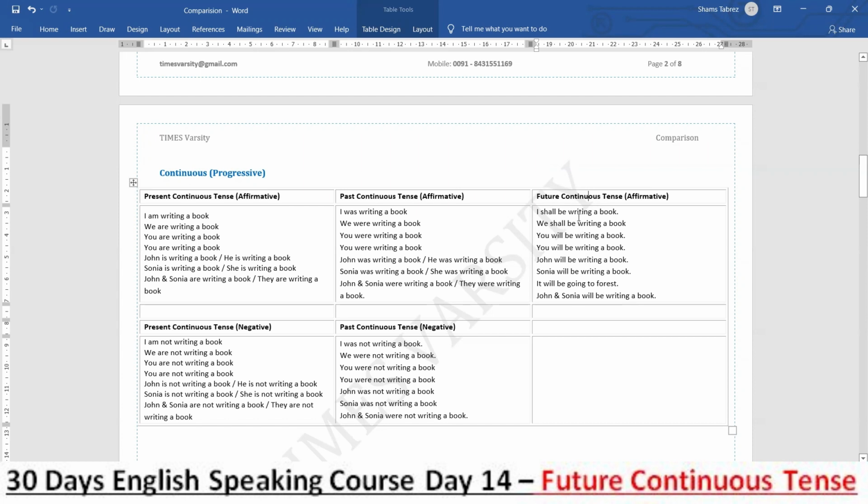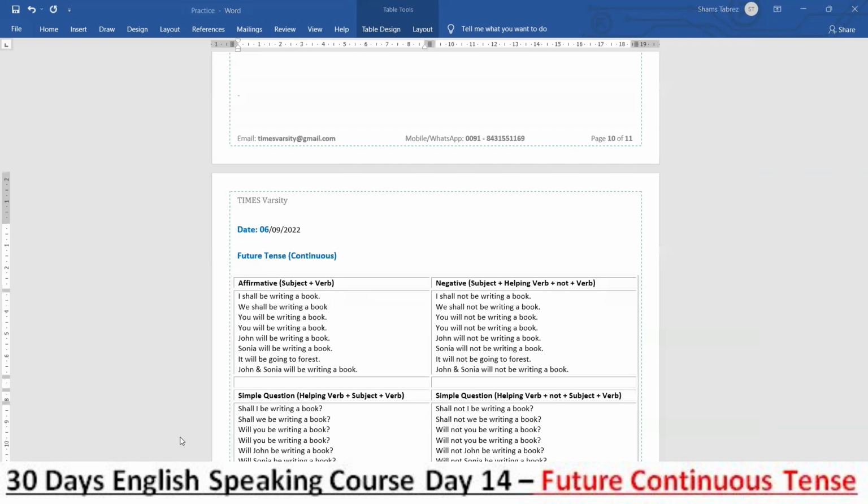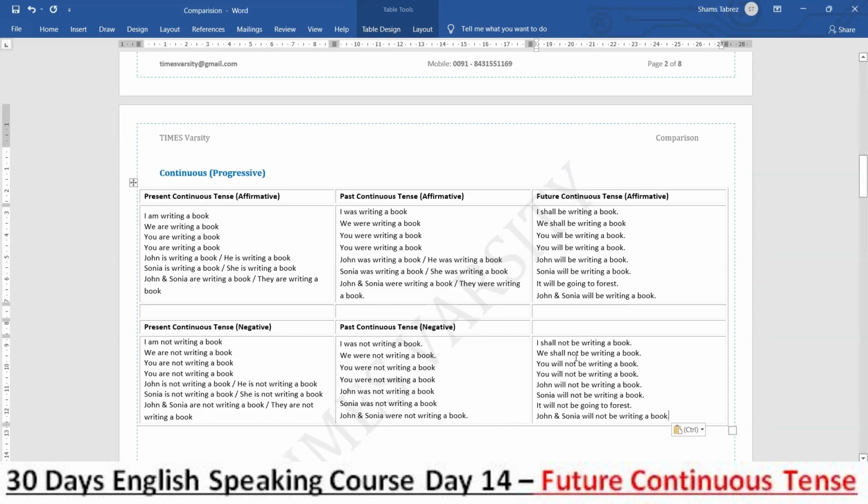And there are two helping verbs which are used in future continuous, and that is shall be or will be. Okay, so now we will compare negative as usual. This is a negative sentence. So negative also.